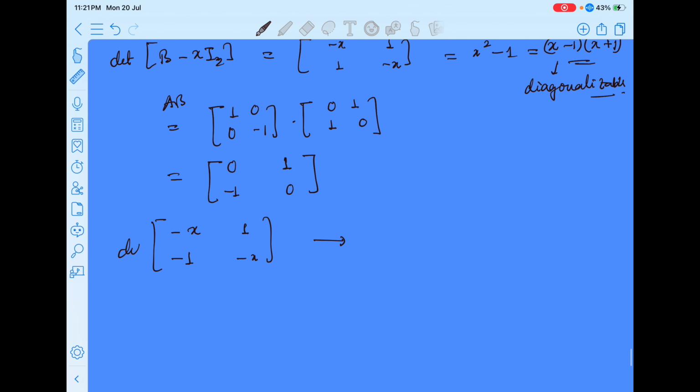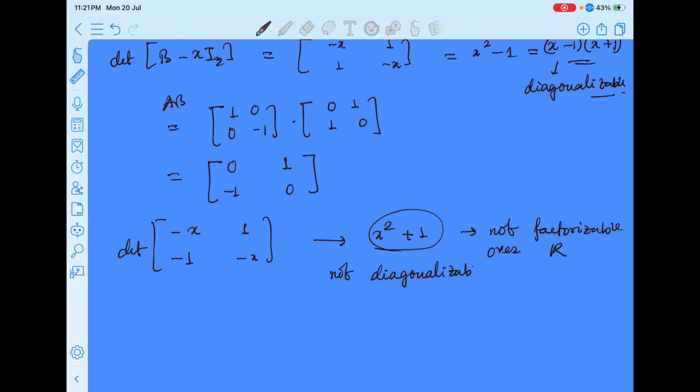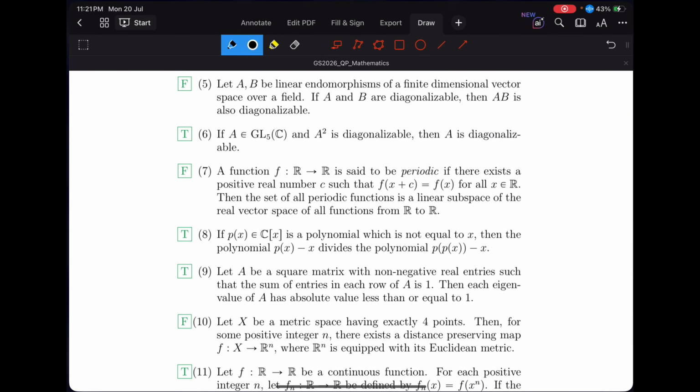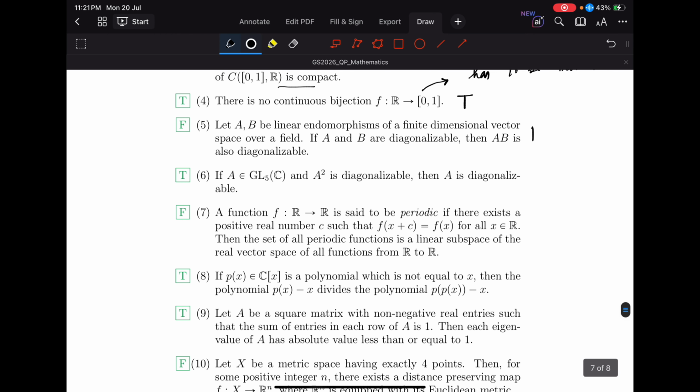The determinant will give you x squared plus 1, and this is not factorizable over R. So it is not diagonalizable, right? Okay, so this is false.